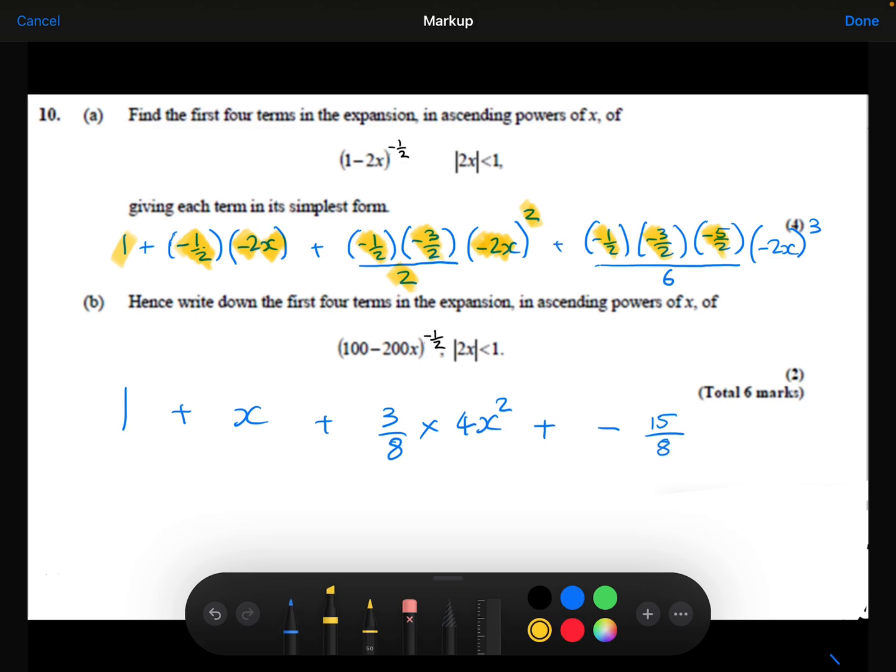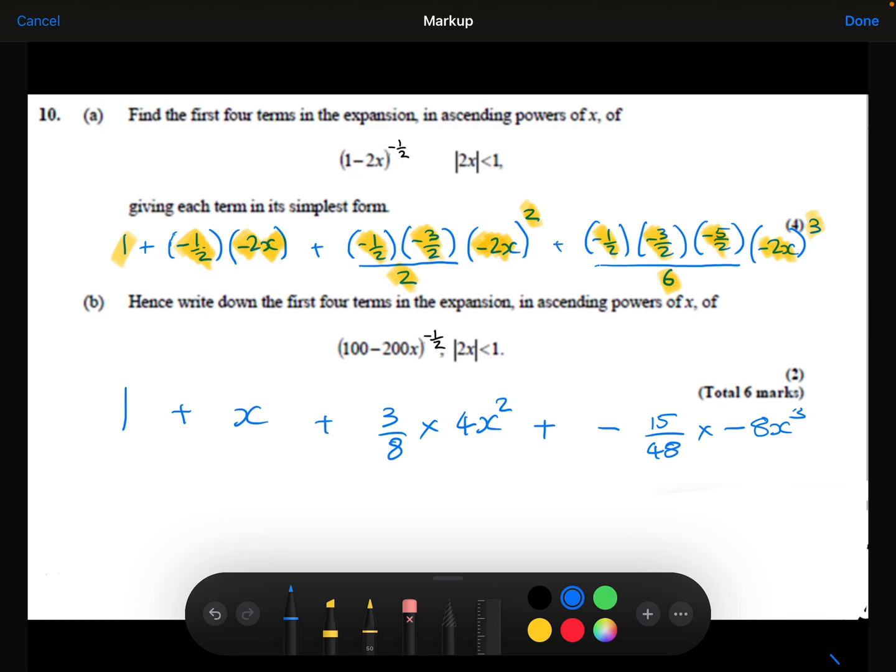But then that's going to have to be divided by 6. So if I divide that by 6, I get 48. But that is then going to need to be multiplied by the minus 2x cubed. So the minus 2x times the minus 2x times the minus 2x will give minus 8x cubed.